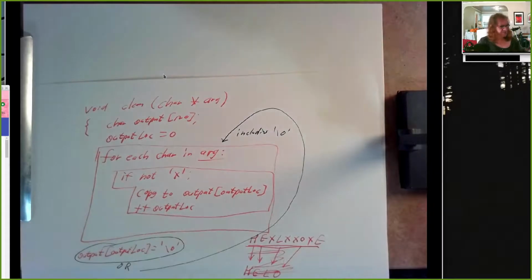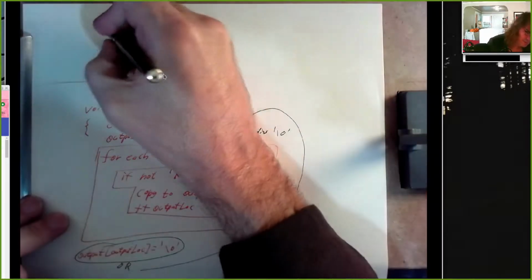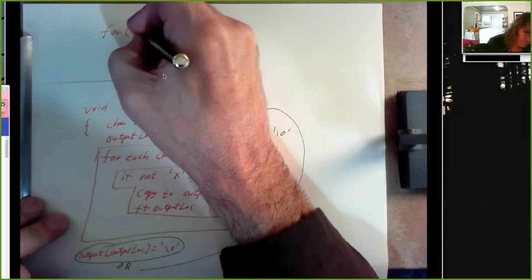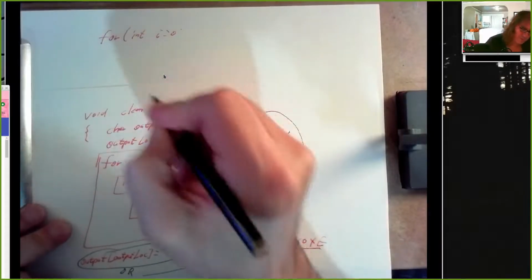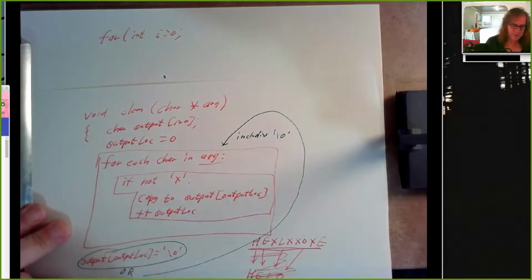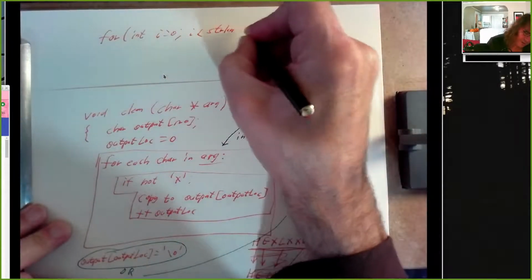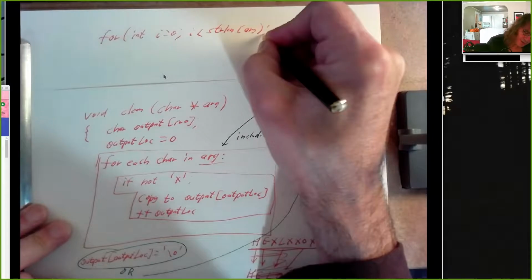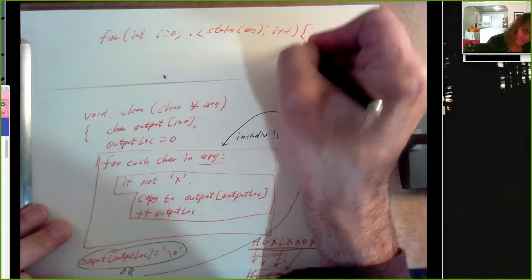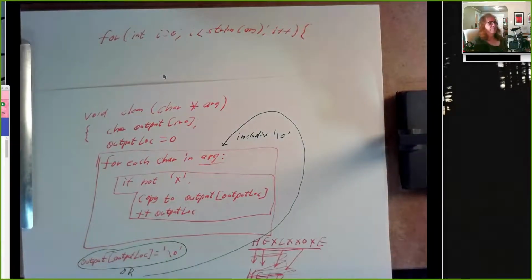So how do you iterate over all the characters in a string? For i = 0; i < strlen(string); i++. Standard for loop for going through an array.